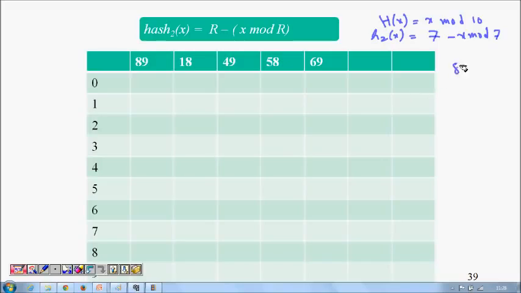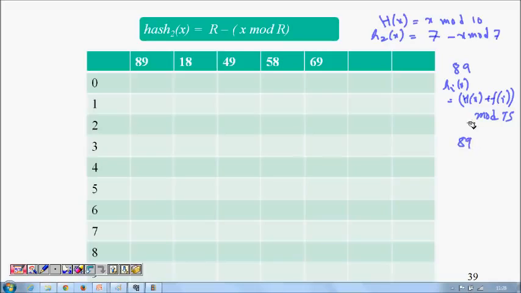If I insert 89, initially we know it is h(x) plus f(i) mod table size. So h(x) is this, and f(0) is 0. That's the strategy for closed hashing.